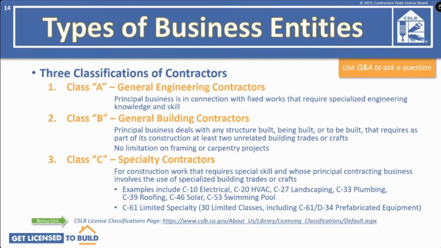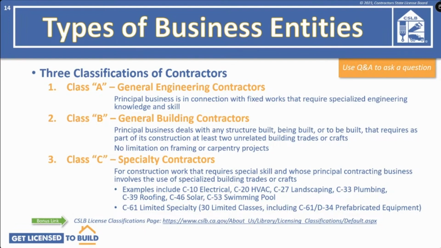The final class is C, or specialty contractors. These licenses are for construction work that requires a special skill and whose principal contracting business involves the use of specialized building trades or crafts. Examples from this class include the C10 electrical contractors, C20 HVAC contractors, C27 landscaping contractors, C36 plumbing contractors, C39 roofing contractors, C46 solar contractors, and the C53 swimming pool contractors, just to name a few.